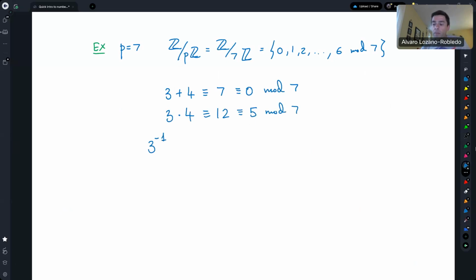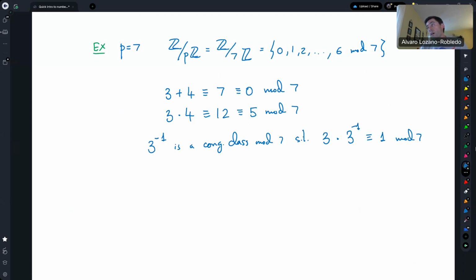Well, it will be a congruence class modulo 7, such that 3 times whatever 3 inverse is gives me 1, modulo 7. So what is that number?